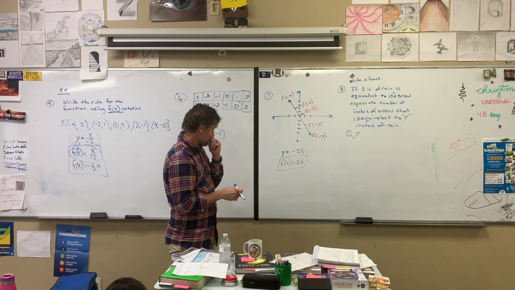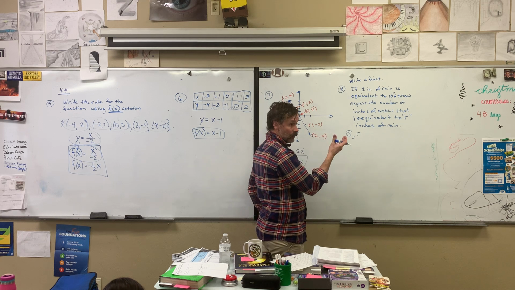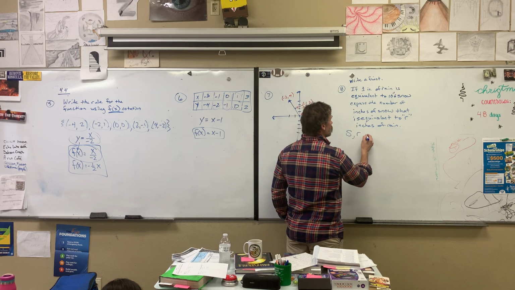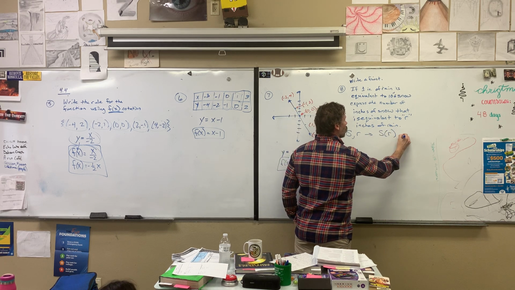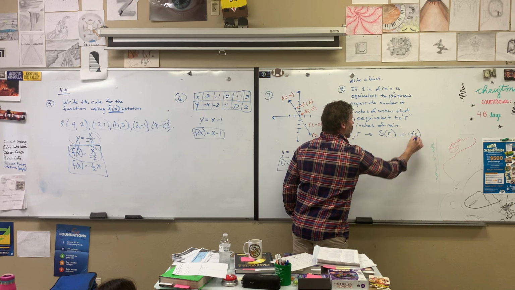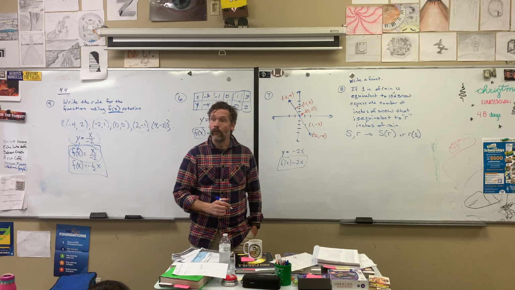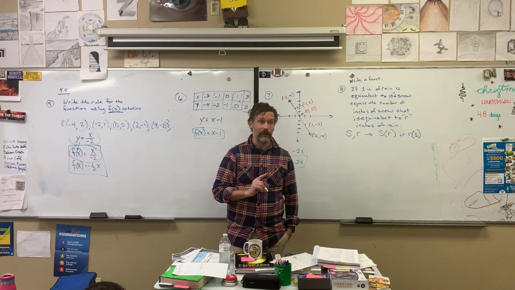Here, though, we are describing an actual scenario. Inches of snow, inches of rain. So there's two ways we could write this. It's either going to be S of R, or it's going to be R of S, depending on what we do.